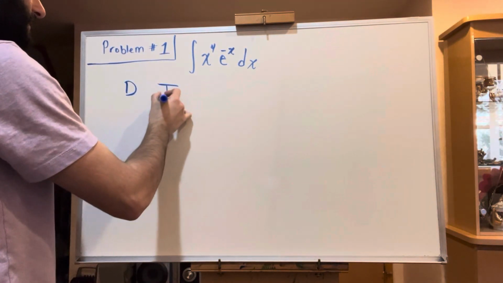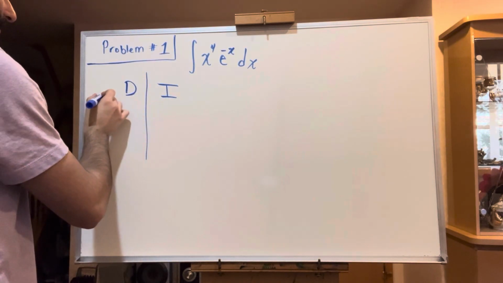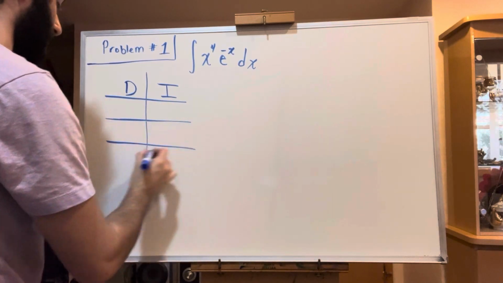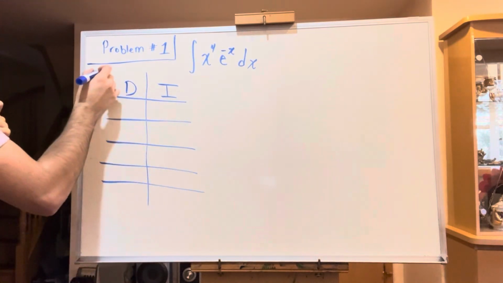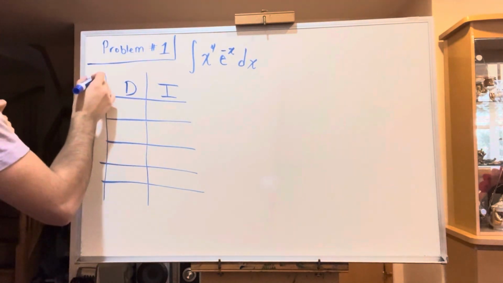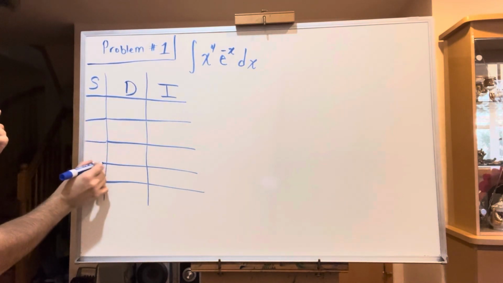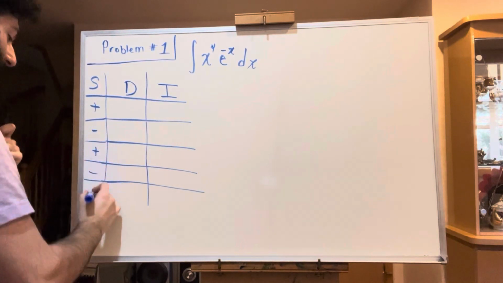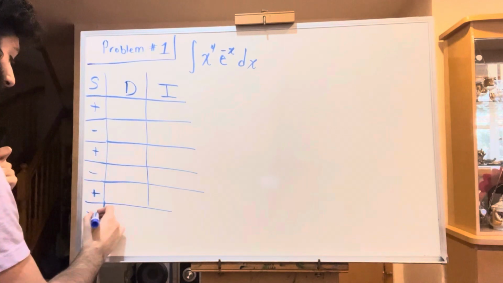The DI method is sometimes referred to as tabular integration because we make these rows and columns, and you'll sometimes see a third column where we put the sign: plus, minus, plus, minus, plus, minus.